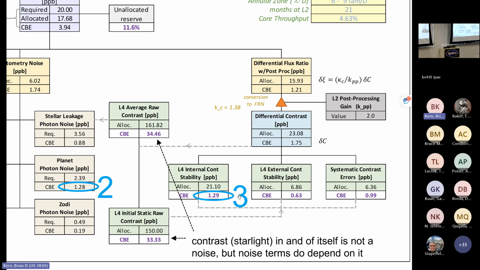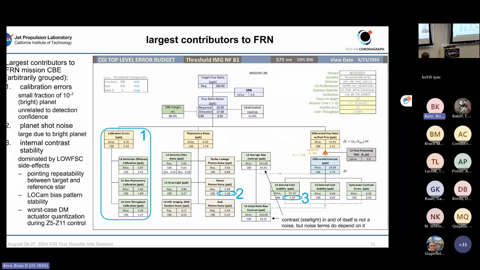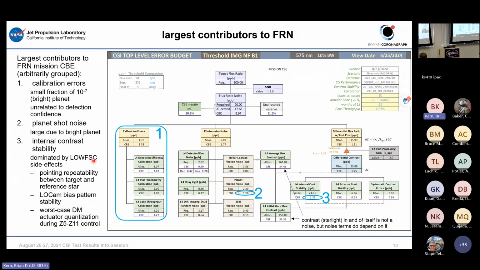There are 2 or 3 things to say about the largest contributor to the stability. The first question is, how much better can I make my initial contrast? Eric spoke to this in his talk yesterday.